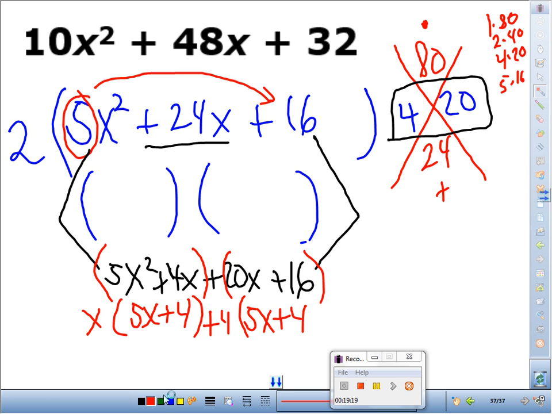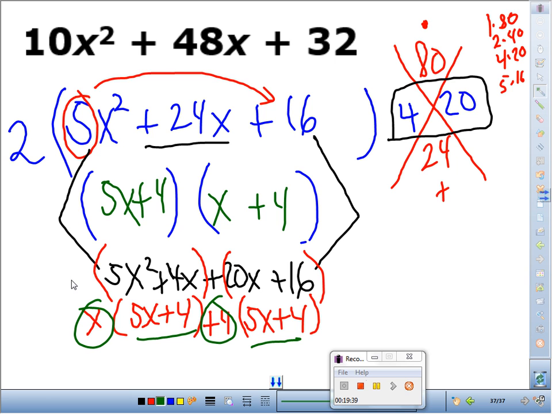So according to what we see there, close parentheses, what's the same here and here? 5x plus 4, which is here and here. And what's left over out here? X plus 4. And we get that from here and here. However, don't forget about the BFF, which is 2. And now it's completely factored.